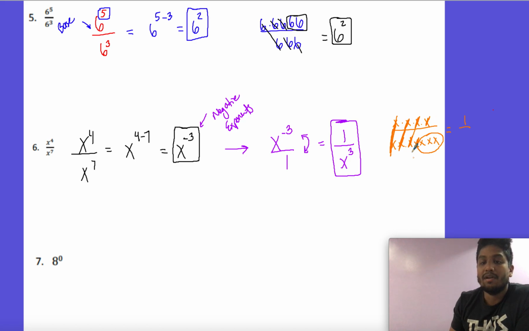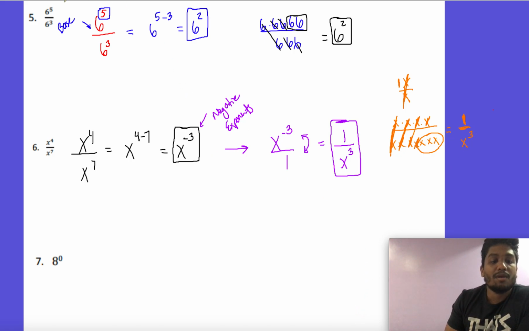So I just put a 1 here. Because when you say x divided by x, we're dividing them, and that's really just a 1. But we just don't write it all the time. Unless we have nothing to write on top, then we have to include this 1 over x to the third, since x times x times x is x to the third.